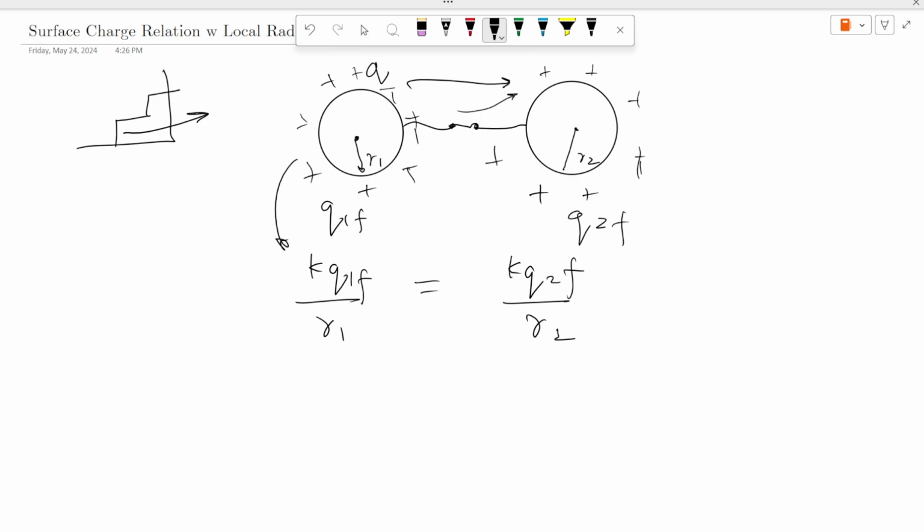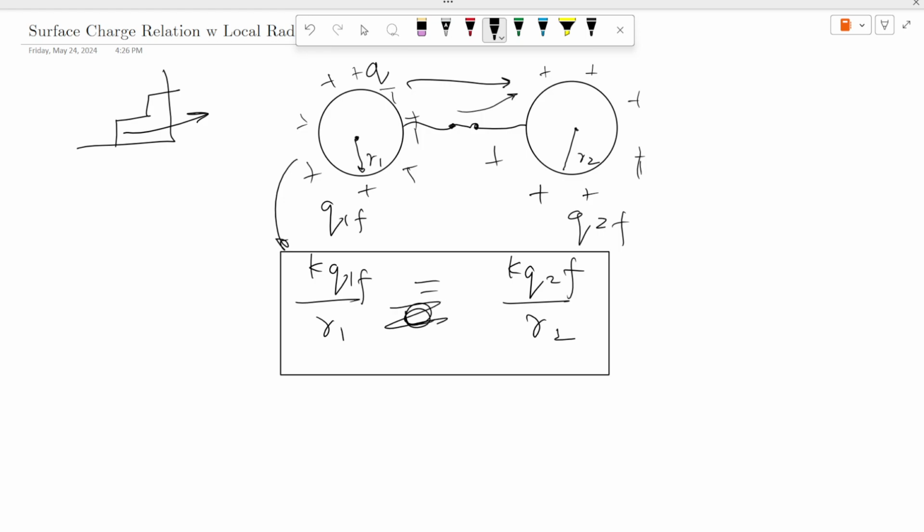These are equal, which is why the charges have stopped moving. The movement of charges stops as soon as the potential is equated. Now we need to relate it with surface charge distribution.